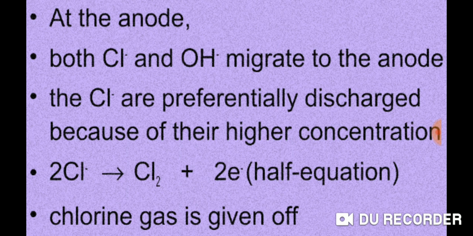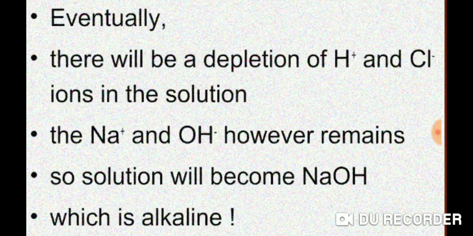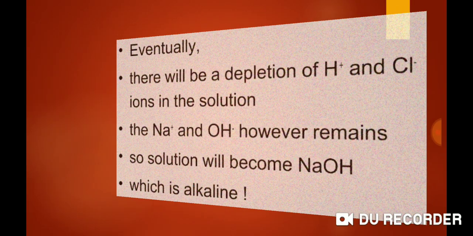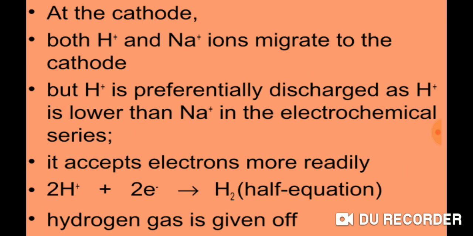So, during the electrolysis of concentrated NaCl, chlorine gas is obtained at the anode. Similarly, towards the cathode, there will be a depletion of H positive and Cl negative ions in this solution. The sodium and OH negative ions, however, remain as they are. Sodium ions combined with OH negative ions form sodium hydroxide, whereas at the cathode we are getting hydrogen gas.